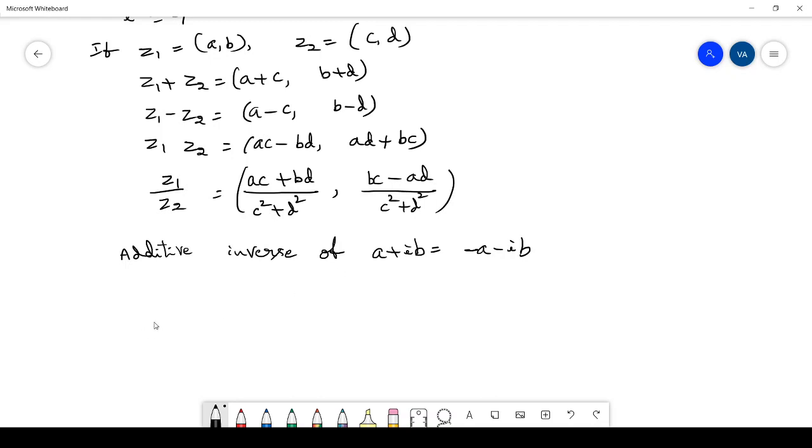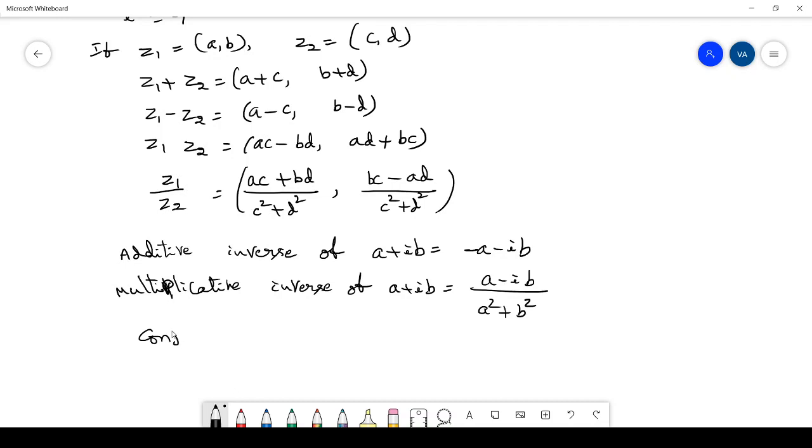The multiplicative inverse of a plus ib is (a minus ib) by (a square plus b square).